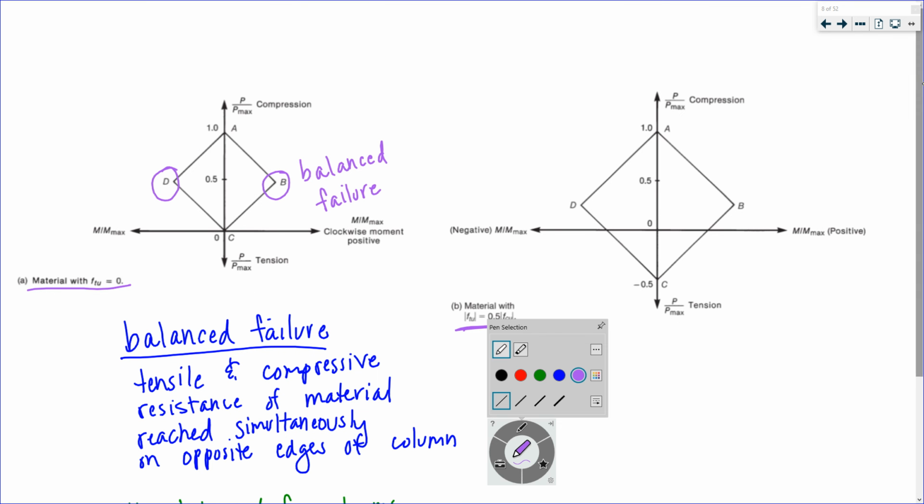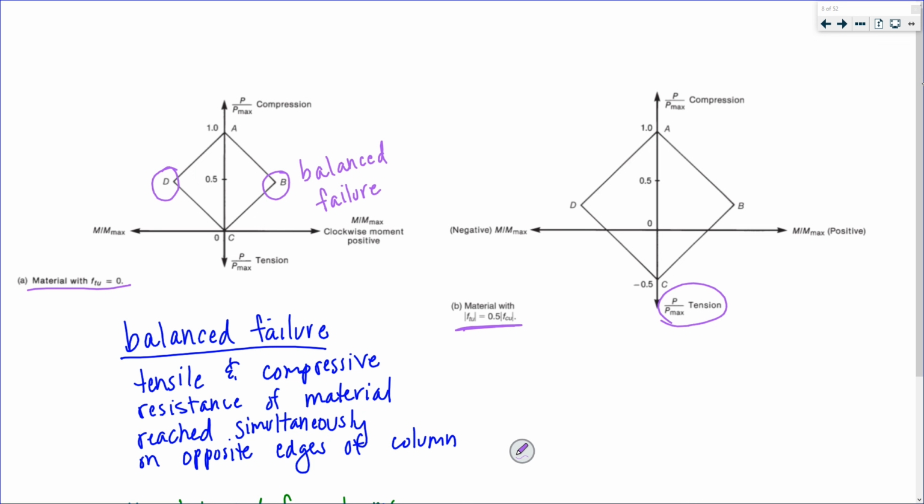As a result, your P over P max can equal negative 0.5 here on the tension side, where before it was 0. We can reach full compression stress, FCU, 1 on the top, right?